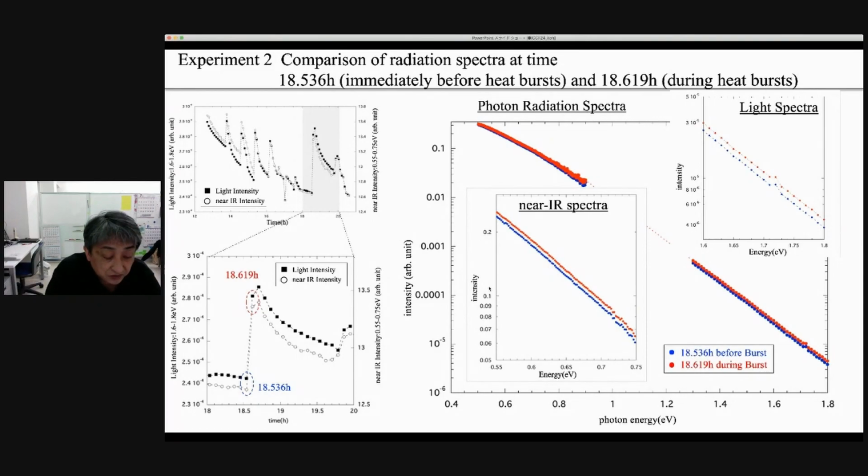We compared two spectra: immediately before the heat burst, at these times, and during the heat burst, at these times. This figure shows the spectrum comparison. The blue circle is just before the burst, and the red circle is during the heat burst.